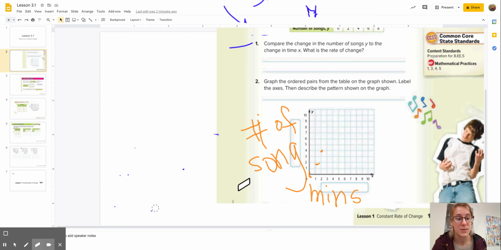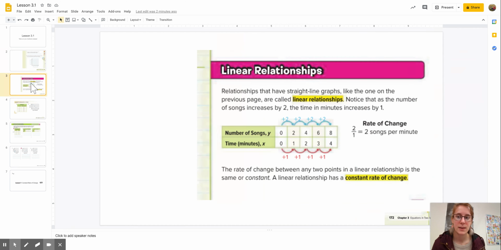And at 3 minutes, we doubled the amount of songs versus the minutes. And so at 3 minutes, we have 6 songs right here. At 4 minutes, we add 2 more songs. And then I want you to describe the pattern you're noticing here in number 2. So go ahead and pause it and answer that. And then we'll go on to textbook page 172.